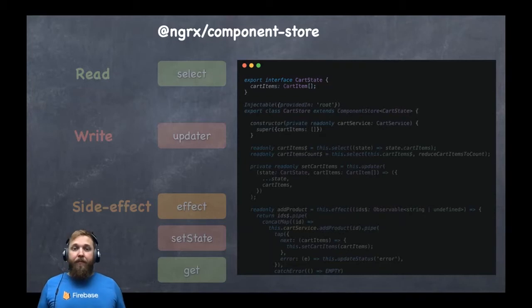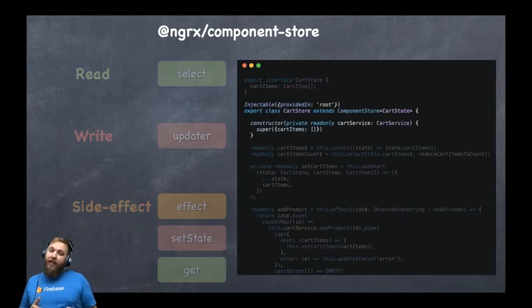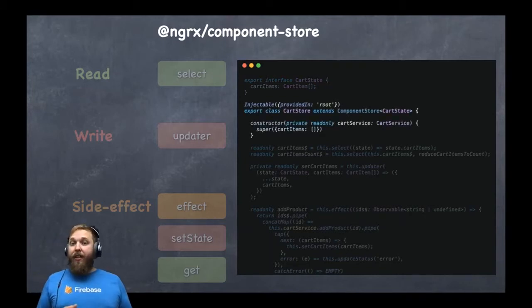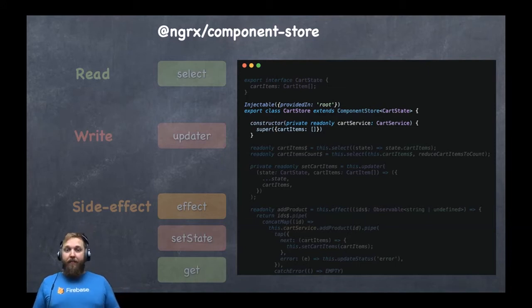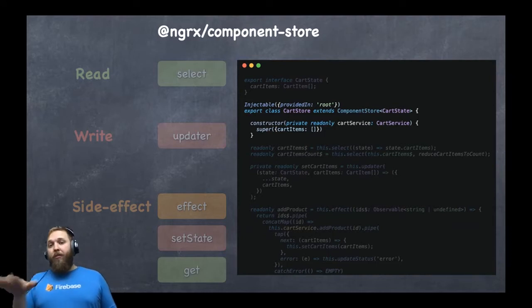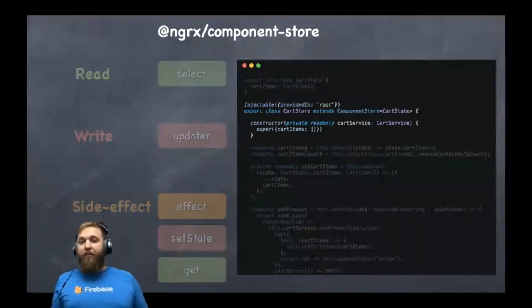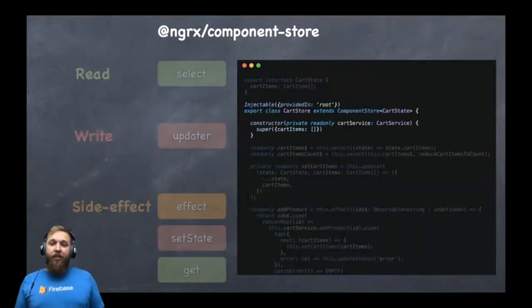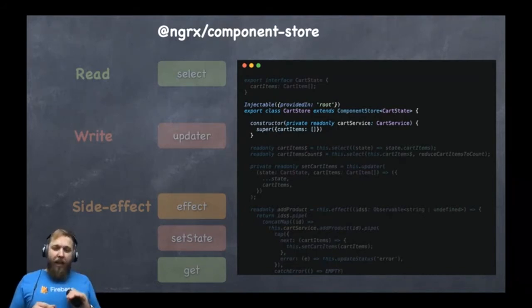Then we'll extend the component store and provide this generic that it will be working with, this cart state. In the constructor, we'll inject everything we need for this component store. For example, here we're injecting the cart service, but again, we're taking this cart service to its original roots, which is just a simple wrapper around HTTP client, meaning that every time you call the add product or get product, it gives you the observable back.